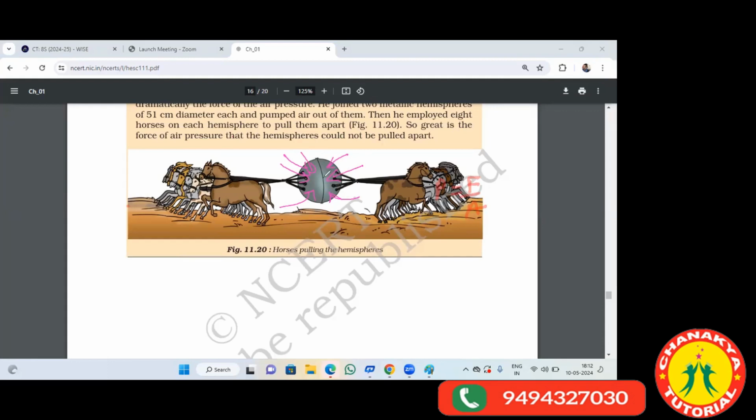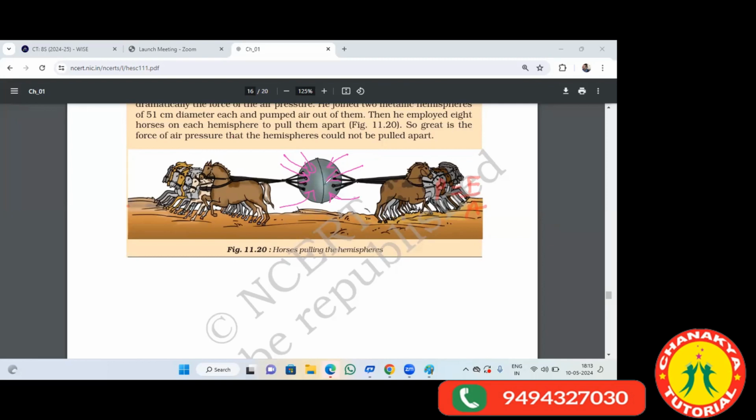It was a hollow metal ball which was cut into two halves and then rejoined, just kept together, and all the air from it was removed. So it was only the atmospheric pressure which was keeping it intact.